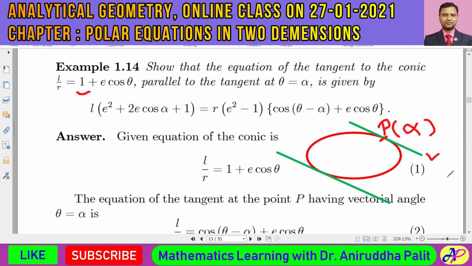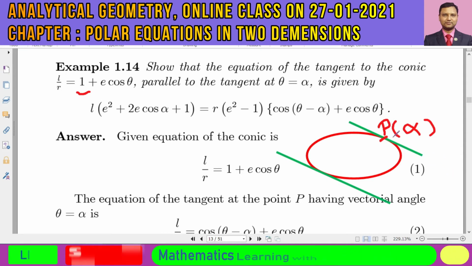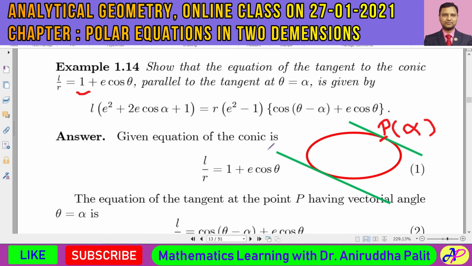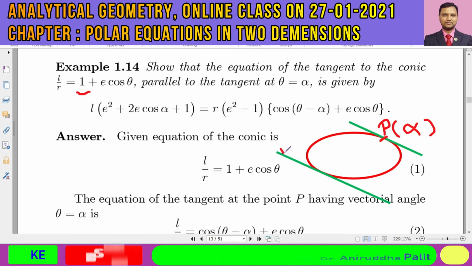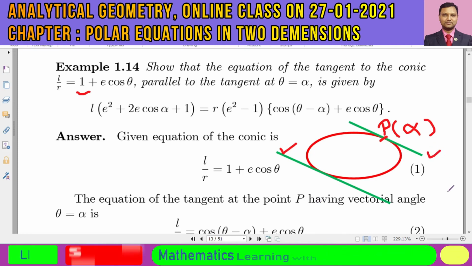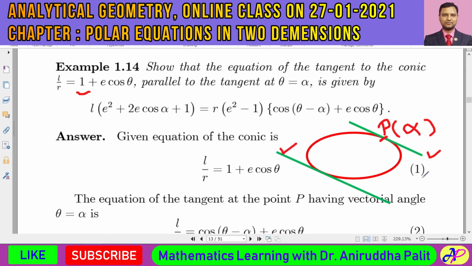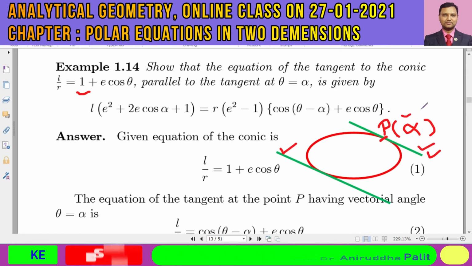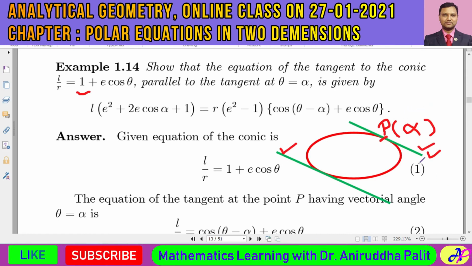This line is the tangent at the point P, that means at the point theta equals alpha, and we need to determine the second tangent line, which would be parallel to the first tangent line, the tangent at the point theta equals alpha.